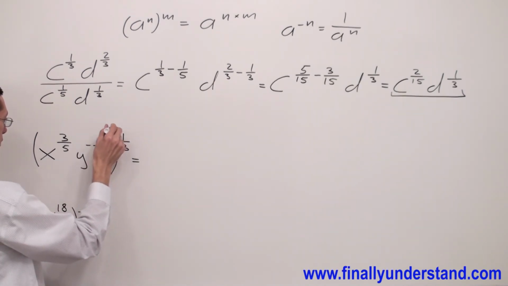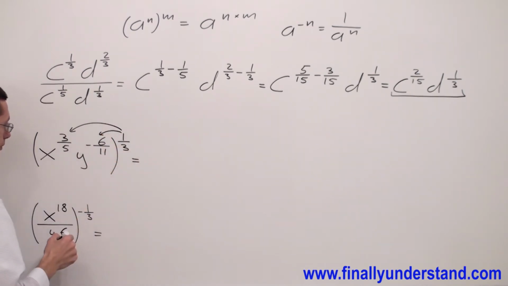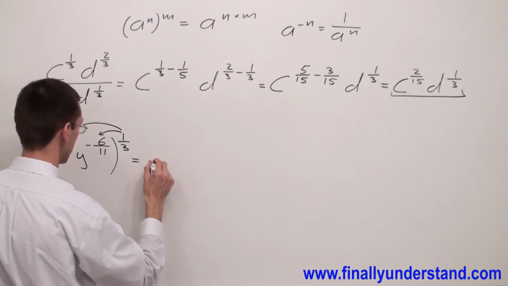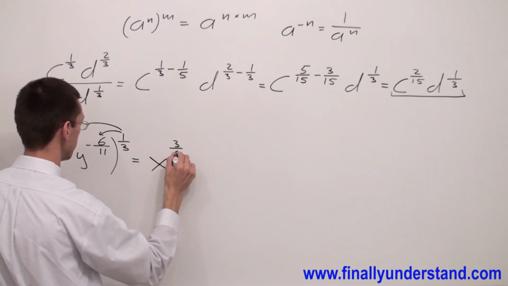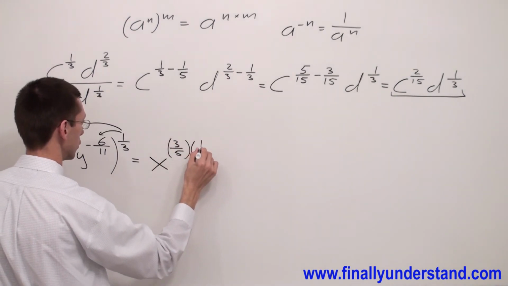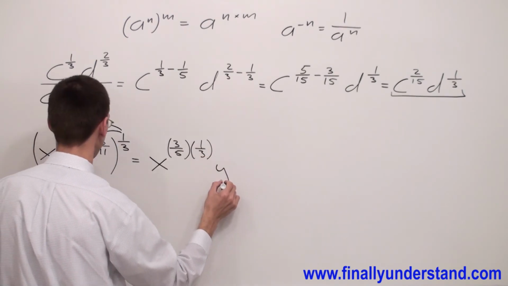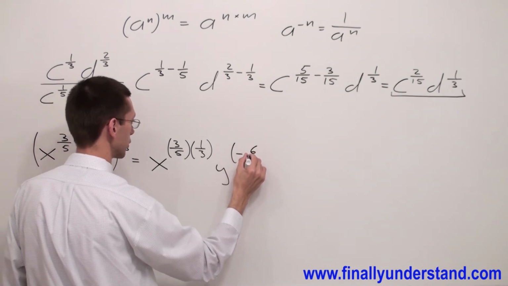I'm going to multiply this exponent by this one and this one, of course, according to this rule. And I have x to the 3/5 times 1/3, and I have y to the negative 6/11 times 1/3.